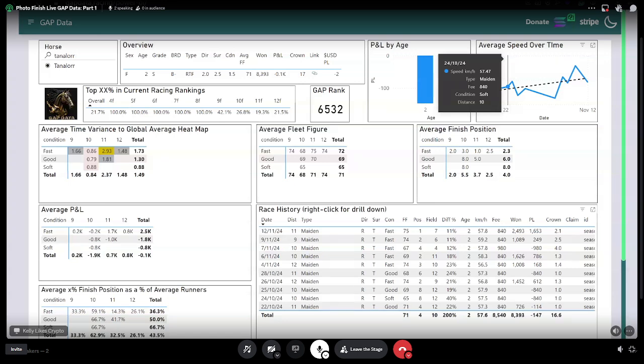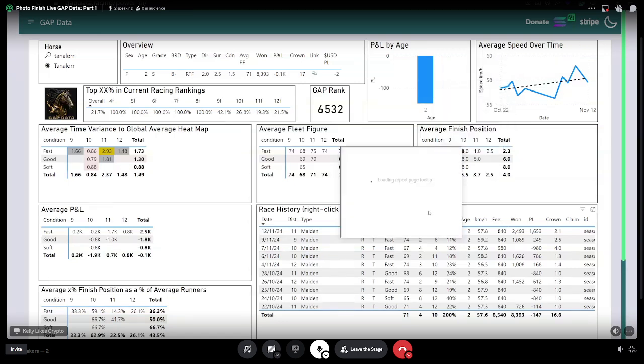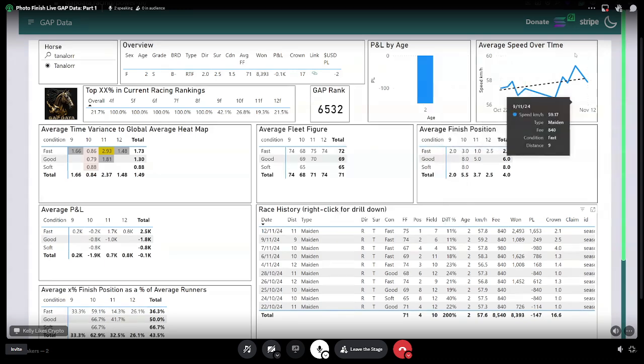Anyways, if you're running the same distance all the time, then this chart will make more sense. It'll actually be good data. If you're running different distances all the time, like 8, then 10, then 9, then 8, then 12, then 8, then this line won't make any sense. Does that make sense? Yes.